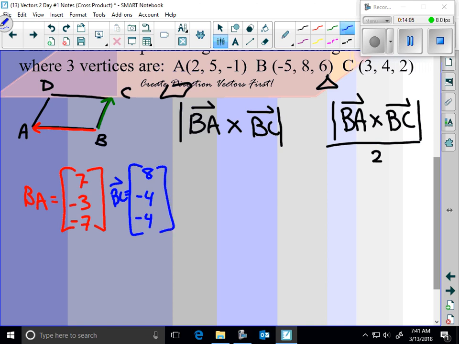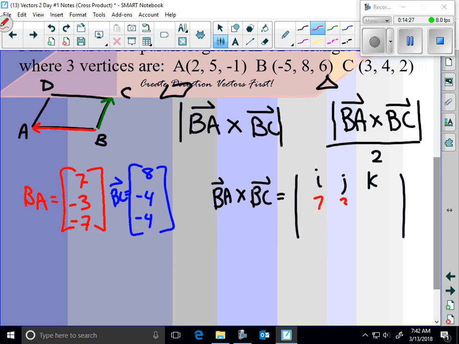Okay, so here we go. Let's do the cross product. So BA crossed with BC is going to equal, let's put in our numbers, 7, negative 3, negative 7, and 8, negative 4, negative 4.